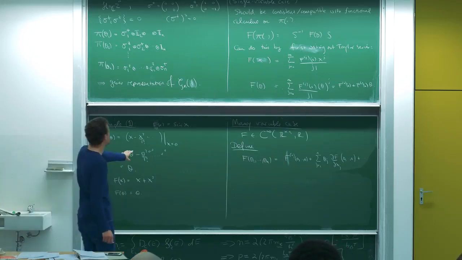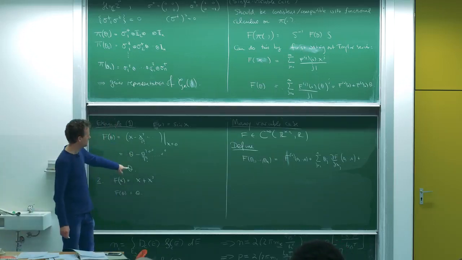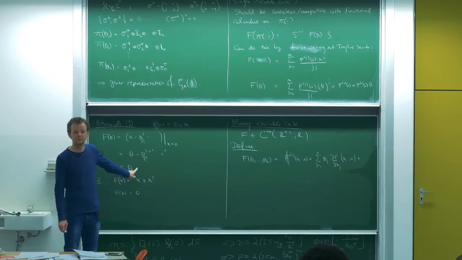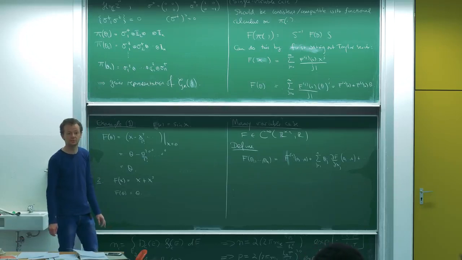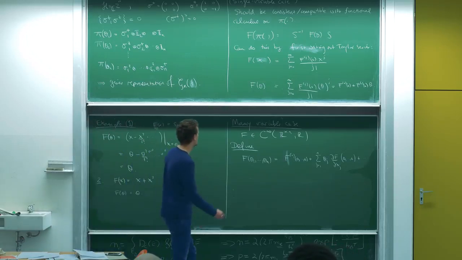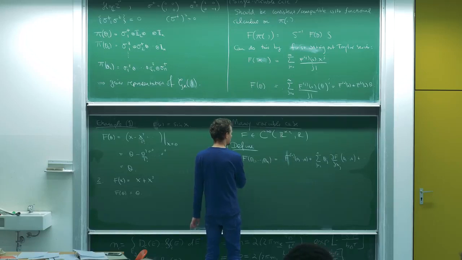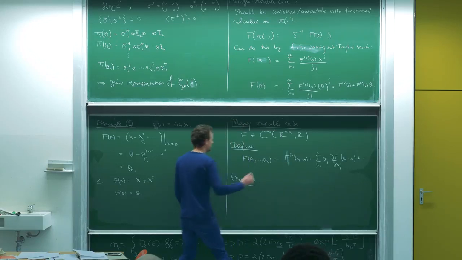You might be forgiven for thinking, oh, then all functions of Grassmann numbers are just linear, but that's not true. When we come to the many variable case, we can get many more interesting examples. So I'll give you one example.